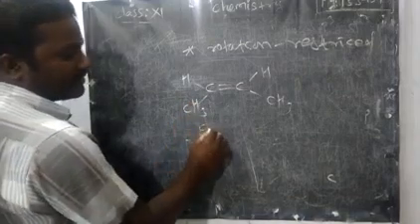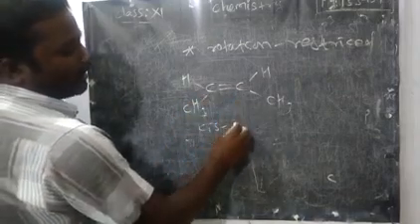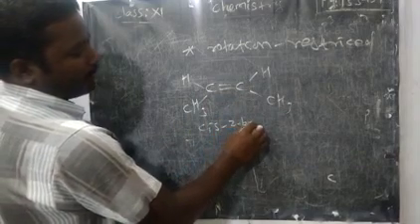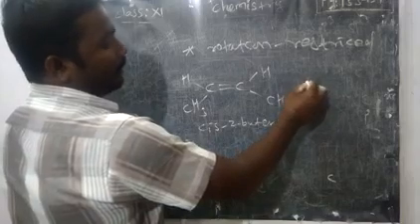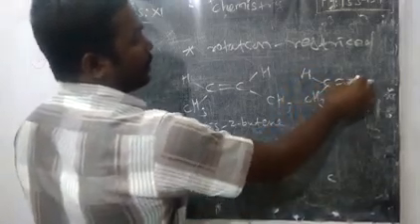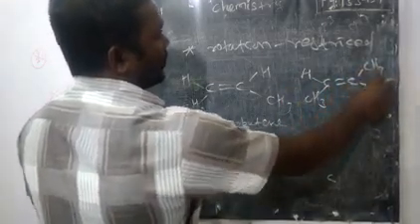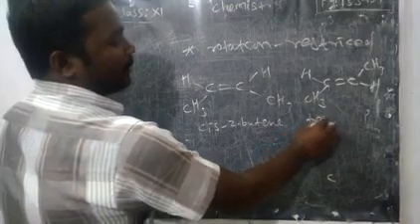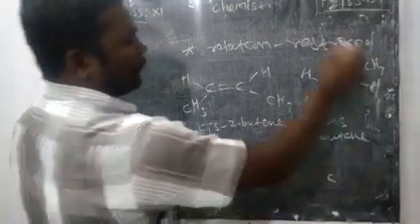Now this is called cis 2-butene, with 4 carbons. The same 2-butene you can write as H, CCH3 double bond CCH3, H. Now the second compound is called trans 2-butene, right?